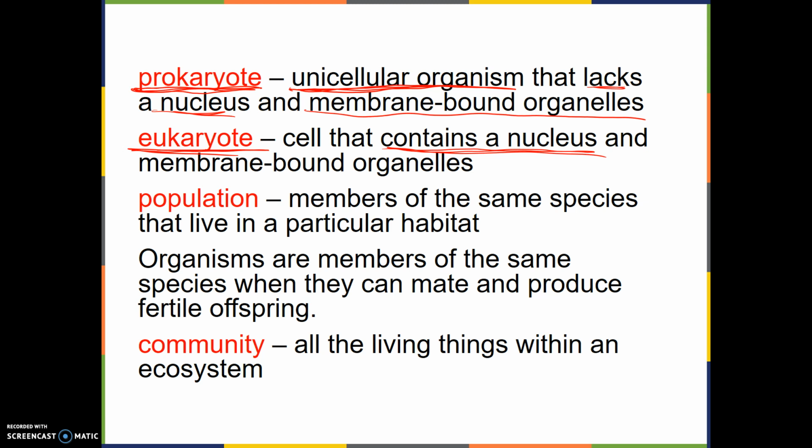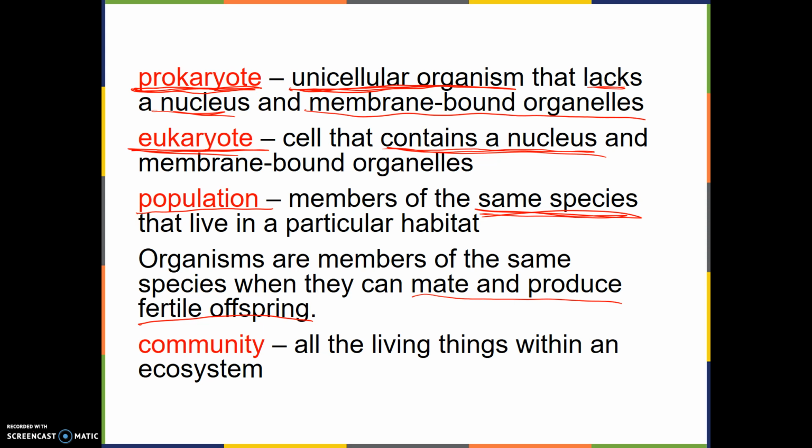Here's your definition for population: members of the same species that live in a habitat together. And we know that they're members of the same species when they can mate and produce fertile offspring. So that's the test. If they're able to mate and produce fertile offspring, they are members of the same species. Now, some of you may be thinking that there are some exceptions to that, and there are some.